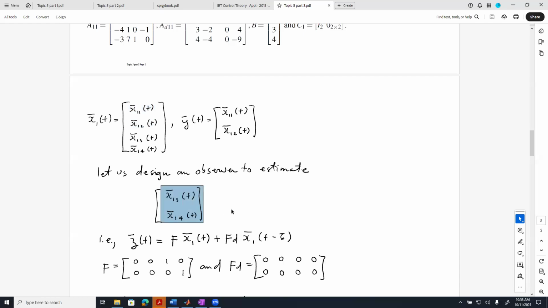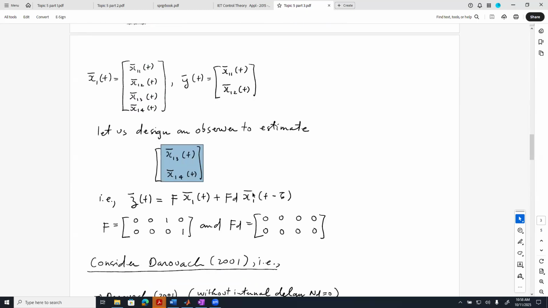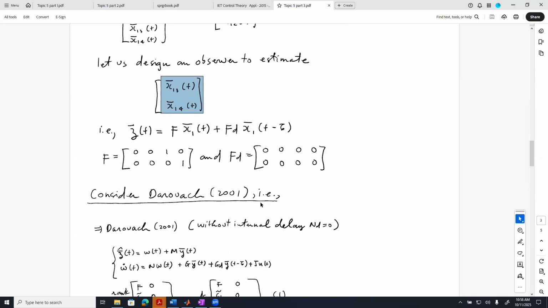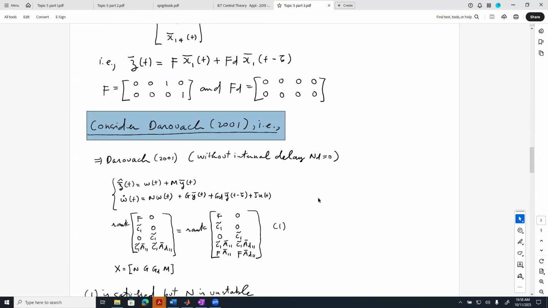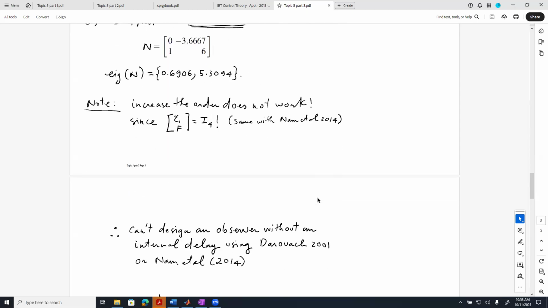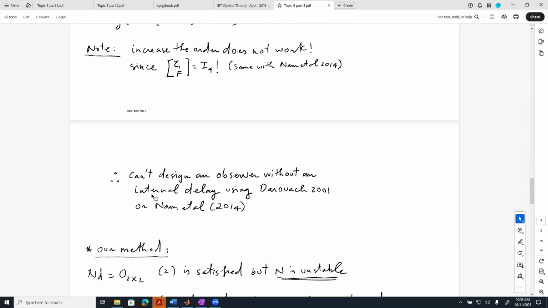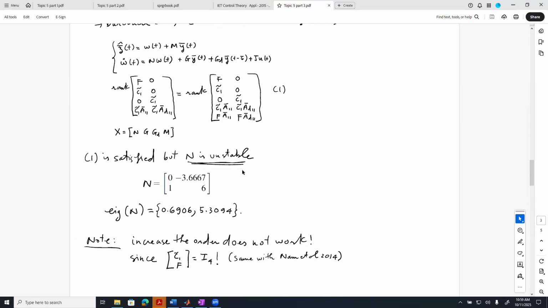So what are the options available? There are already existing methods available. For example, in Rouge 2001, and also in another paper in this reference here, they also dealt with a more general structure, estimating a linear functional of the state vector.